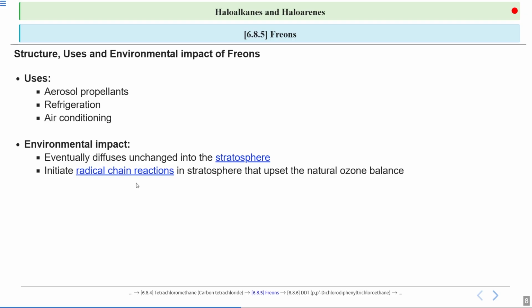The ozone layer present in the stratosphere is disturbed by this radical chain reaction performed by the freons diffusing into the stratosphere via the regular use of freons in our day-to-day life.